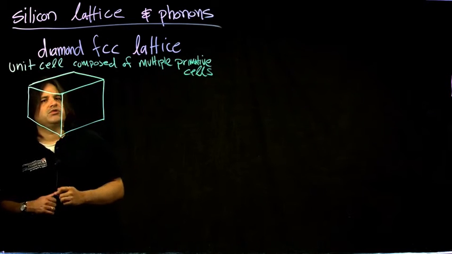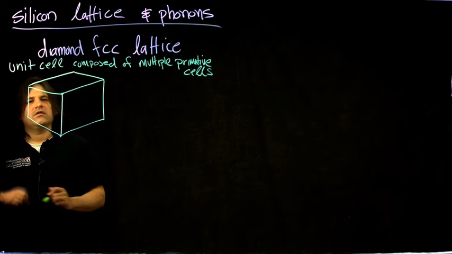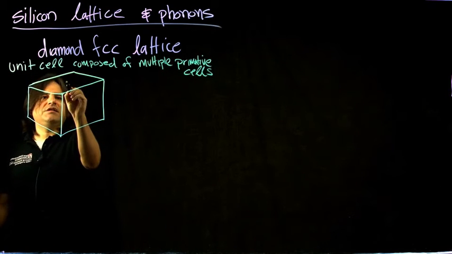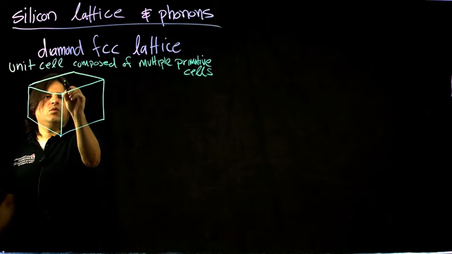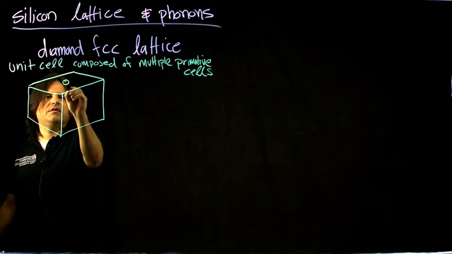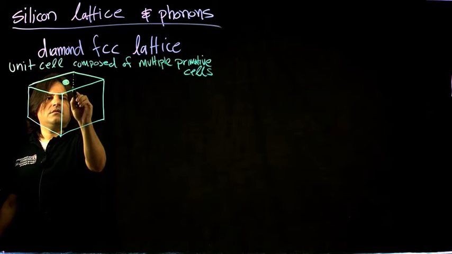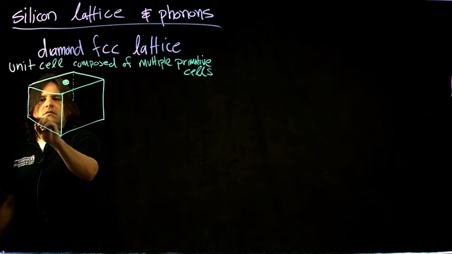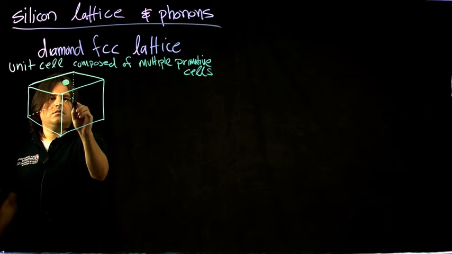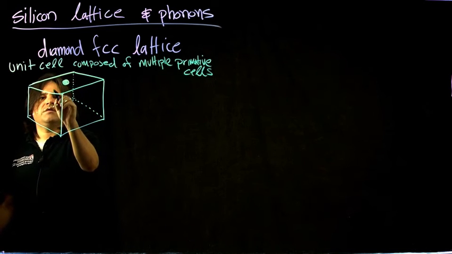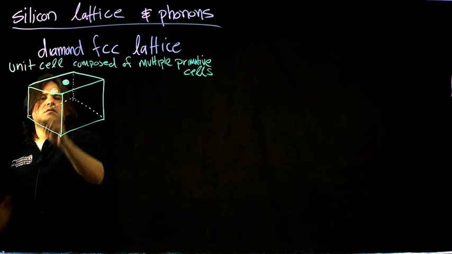So it's cubic, we drew the cube part. Now let's draw the diamond FCC. F means face-centered, so there's one silicon in the center of this face here. This will be the green. Then there's one on this face back here. That's one of the silicons.